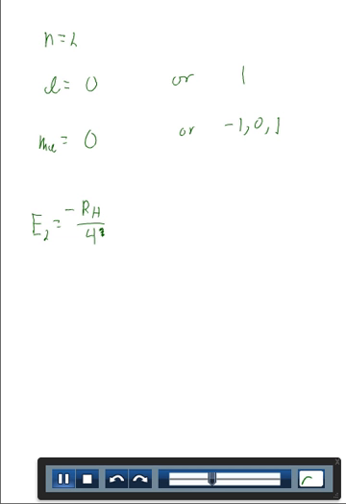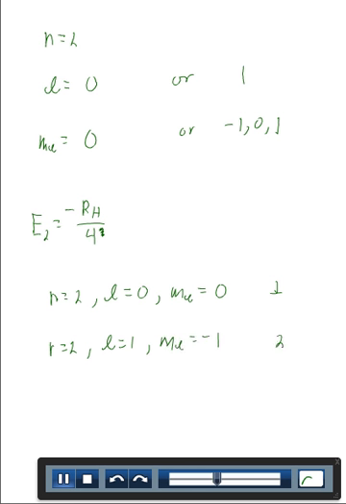So we can have n equal 2, L equal 0, M sub L equal 0. That's one energy state. We can have n equal 2, L equal 1, M sub L equal -1.